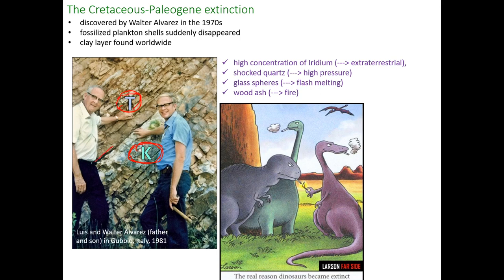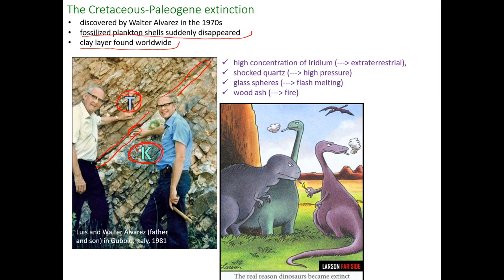Now, right between these layers, there's a very interesting layer, right on the boundary. The son, Luis, has his hand right on the boundary layer there. This was discovered by the father, Walter Alvarez, in the 1970s, and they noticed that fossilized plankton shells suddenly disappeared, and that there was a worldwide clay layer.